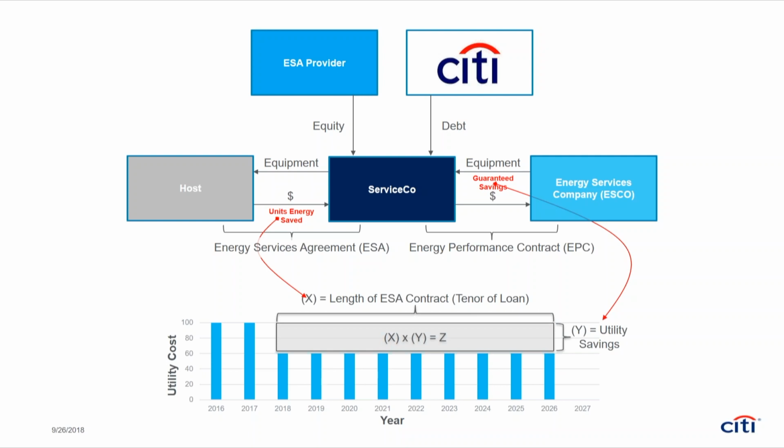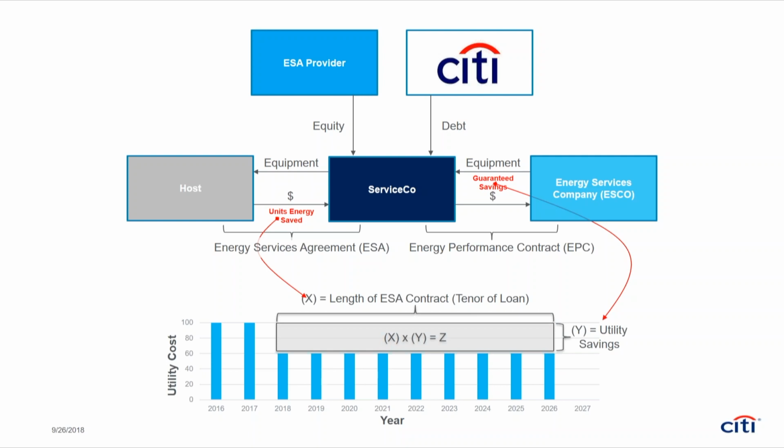And how do you know what's saved? There is a baseline that is agreed upon in the contract, and then there's a monitoring and verification protocol, for all of you who are into monitoring and verification. M&V now is essential to the financing here.